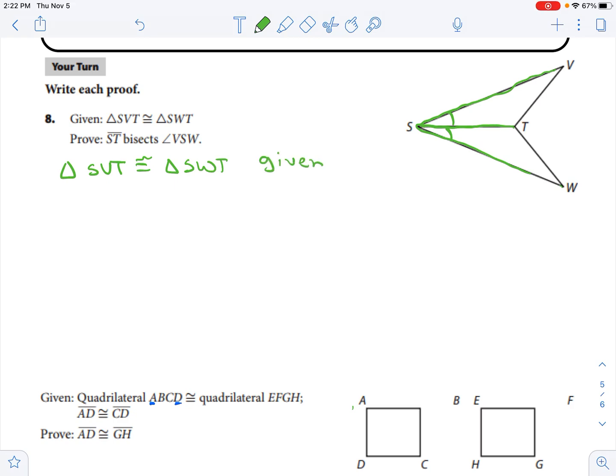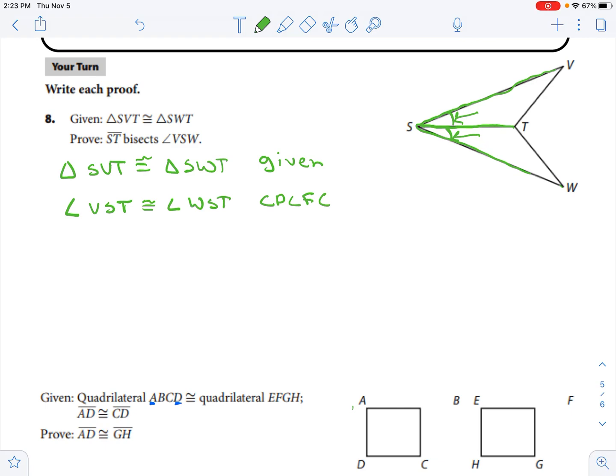What we need to show is that this angle and this angle are congruent in order for them to be a bisector. So we'd say angle VST is congruent to angle WST, and that would be by CPCFC. We just said the whole triangle is congruent, so then the parts are equal.